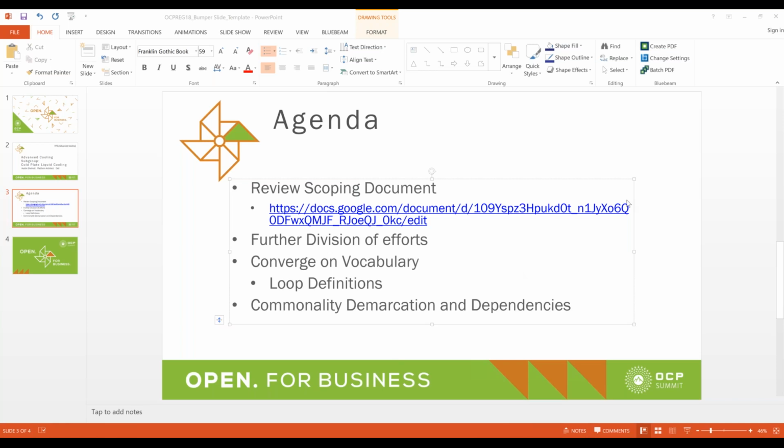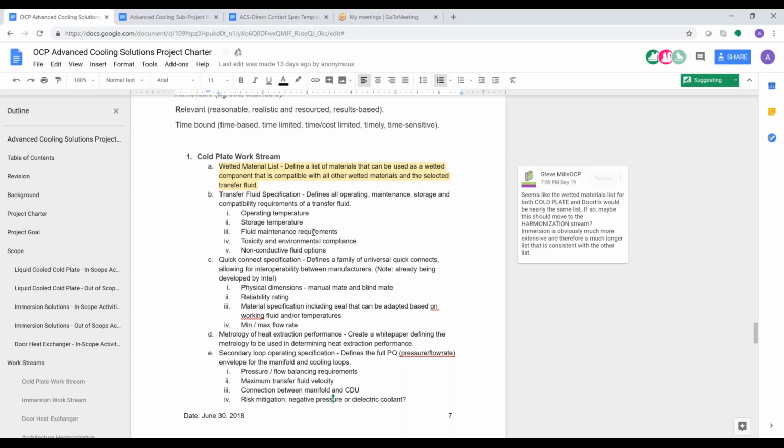All right, so with that said, I'm going to see if I can make GoToMeeting jump over to a different app here, and we'll move over to the scoping document. I presume that everybody is now able to see the advanced cooling project charter on my screen.